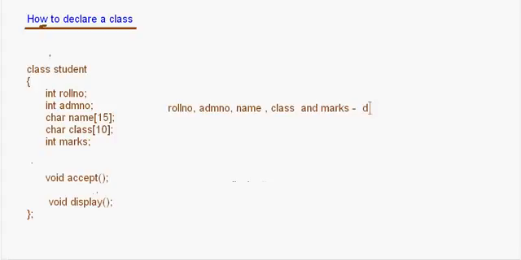They are all called data members, and here this accept and display, they are called the member functions. So a class can have data members as well as member functions, right?